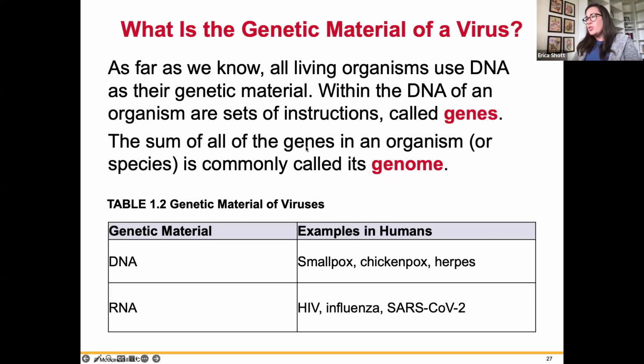But the sum of all the genes in an organism is called its genome. So when we look at the examples here of viruses that are DNA viruses, we have smallpox, chickenpox, and herpes. And then RNA viruses, we have some examples, HIV, influenza, and SARS-CoV-2.